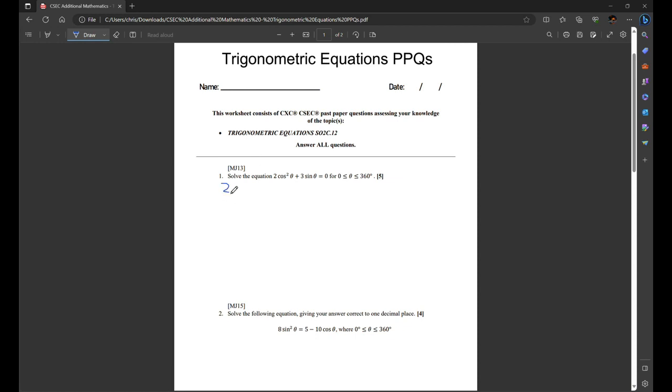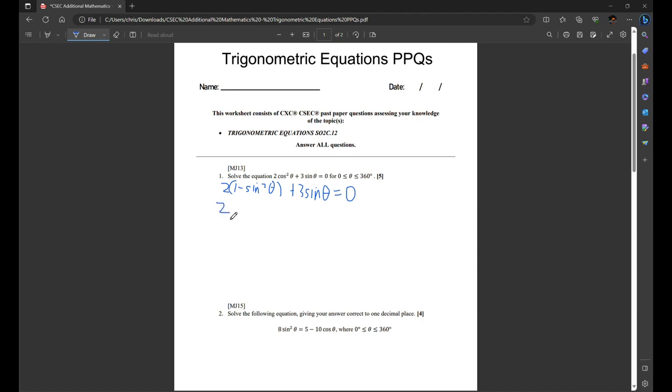So that would mean that we have 2 times 1 minus sine squared theta, since that's what we're substituting for cos squared theta, plus 3 sine theta is equal to 0. Now we can do a little bit of multiplication and rearrange these terms to make it look more neat.